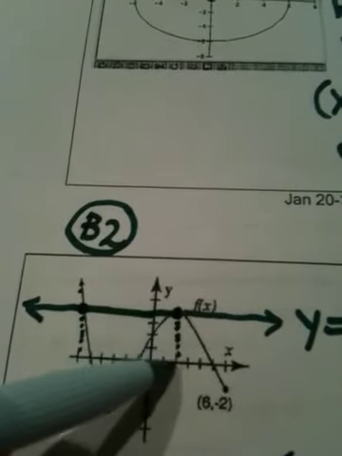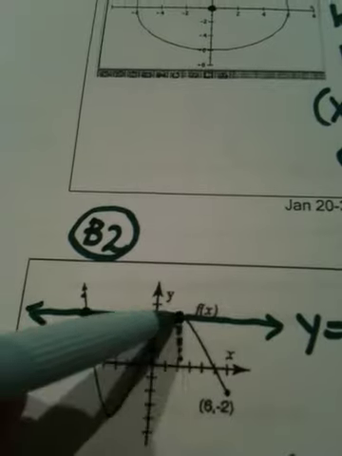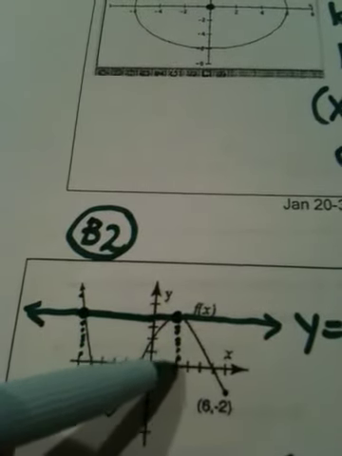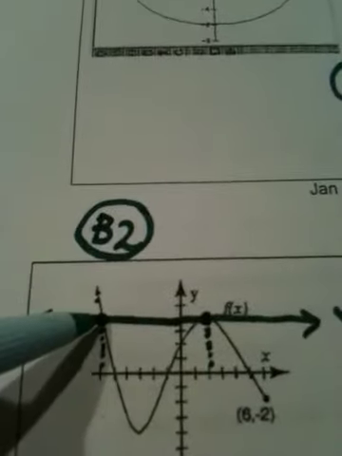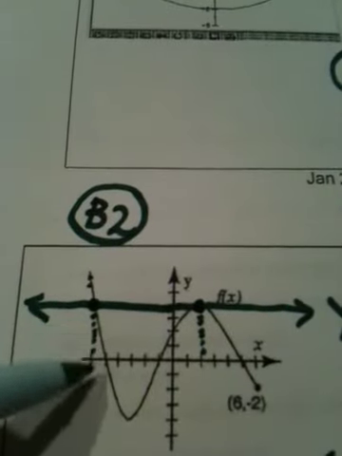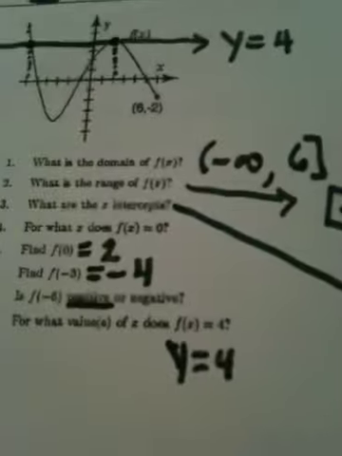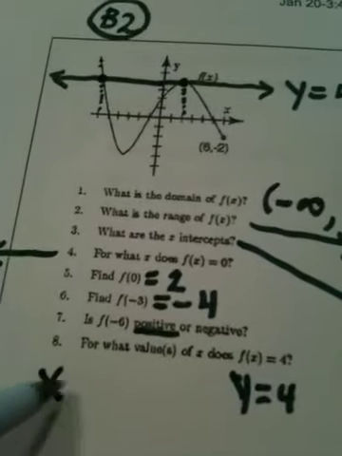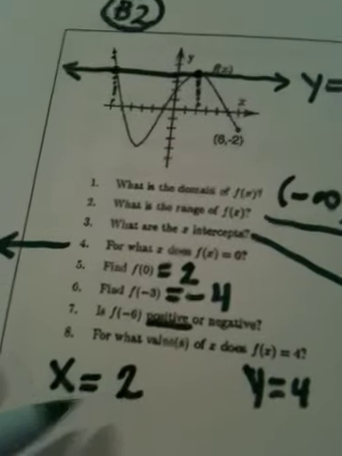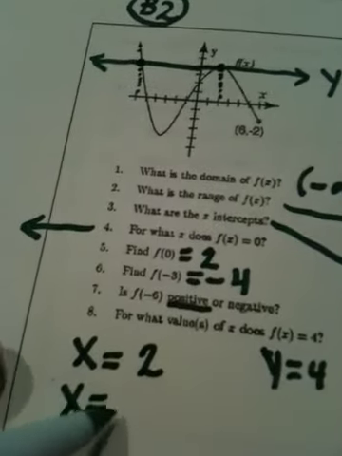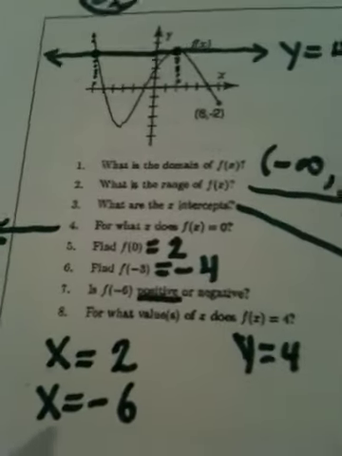If I read straight down from one ordered pair, that x value is -2, and if I read straight down from the other ordered pair, that x value is -6. So my answers are x is -2, x is also -6.